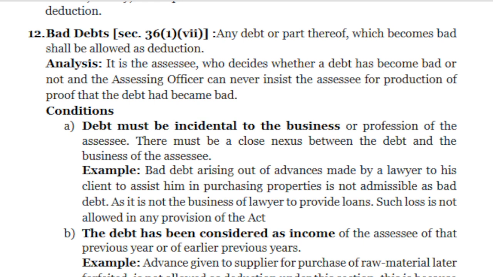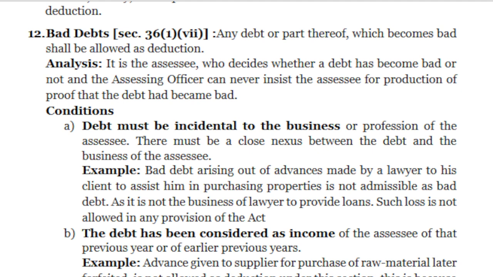To claim it as bad debt, first the debt must be incidental to the business. It should be in connection to the business, right? Suppose a lawyer is giving a loan to a client so that the client can purchase a property.